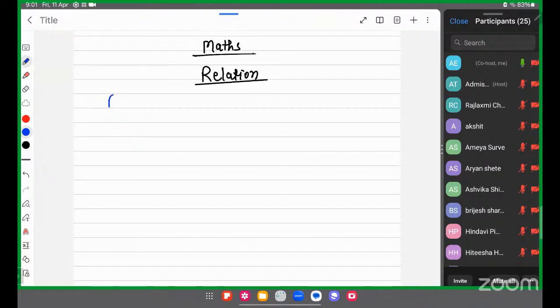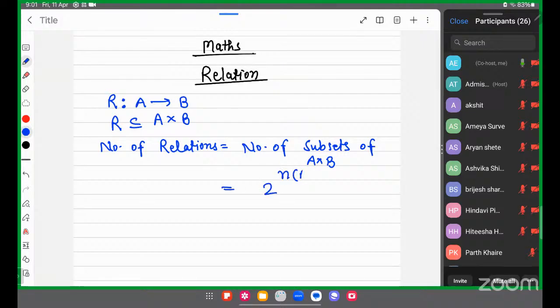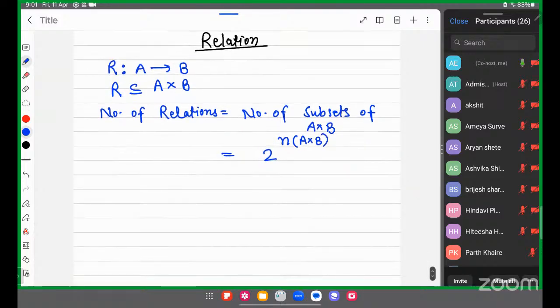Let's say we have a relation R which is defined from set A to set B. According to the definition of relation, R will be a subset of the Cartesian product A cross B. And according to this definition, the total number of relations will be equal to the number of subsets of the Cartesian product A cross B, which is 2 raised to the power cardinal number of A cross B. So this will be the total number of relations.